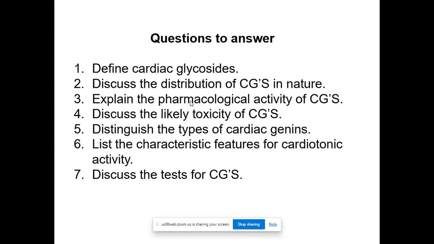Alafu distinguish the types of cardiac genins. Hizi ni the aglycone part. Yeah, the cardiac glycosides. Hapa ndio cardenolide na ile butadienolide yenye iko na double bond na moja single ama ni gani?